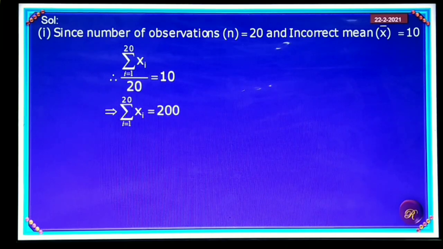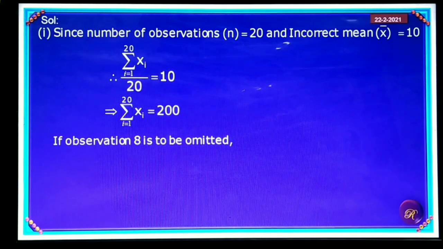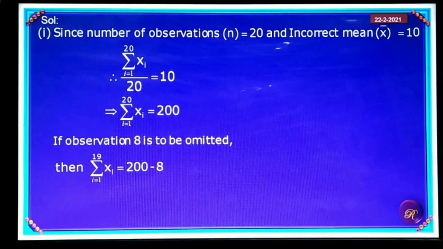Since observation 8 is omitted, therefore sum of 19 observations, that is summation of xi, i is equal to 1 to 19, is equal to 200 minus 8 is equal to 192.